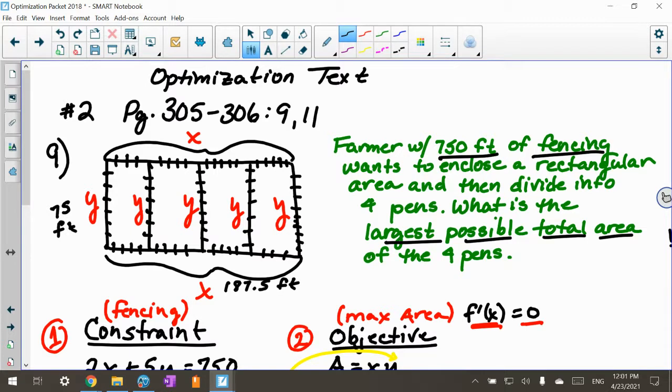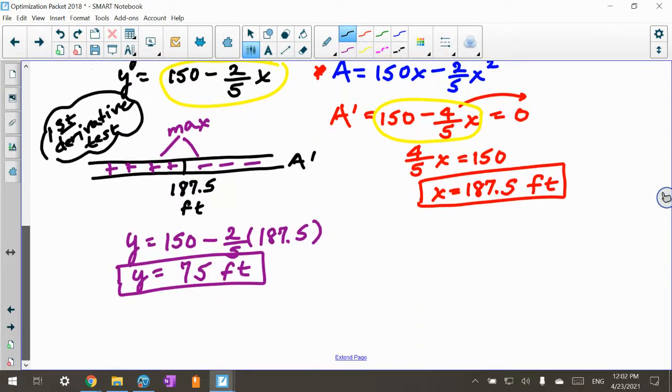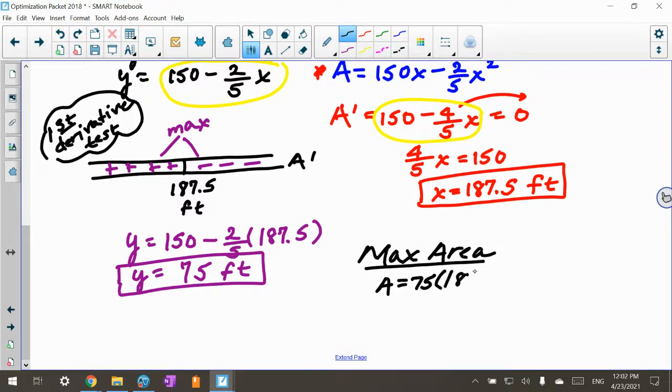Now, we haven't really answered the question totally. They want to know what that maximum area is. So I'm going to do 187.5 feet times 75 feet, and just make sure that your units are correct. So the max area that that rectangle, or that farmer, can have is 75 times 187.5.